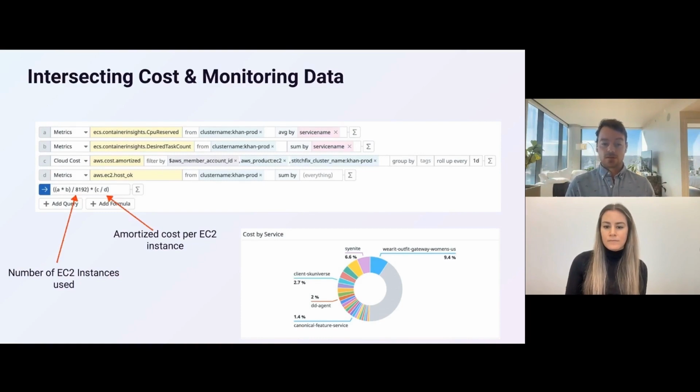This allowed us to calculate the percentage of CPU time, memory time, GPU time, any of the above a particular application or team is using from a cluster, and then multiply that by the average amortized cost of the shared instances. Prior to CCM, we had a directional guess on this using rack rate estimates, but now this value includes our enterprise discounts, spot instances, savings plans, etc. So it really helped us build confidence and trust in our graphs.